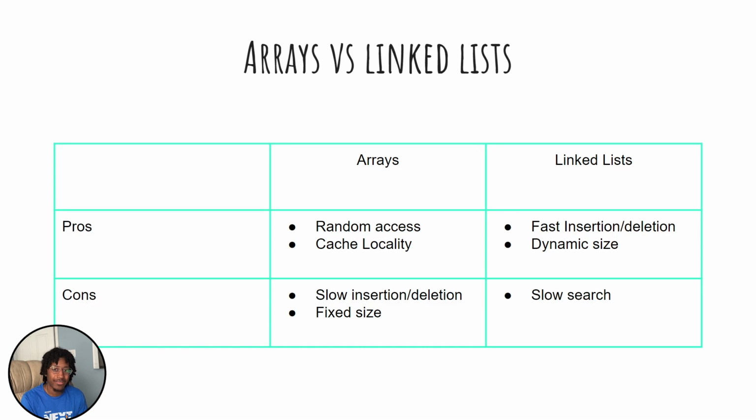And depending if we have a doubly linked list, for example, we may also be able to do this at the end of the linked list as well. The cons of a linked list is that it is slow to search for elements, right? We don't have an index. We don't know exactly where each element is in memory. So if we want to find an element, we do have to traverse the linked list all the way through.